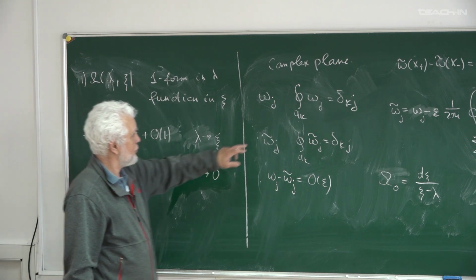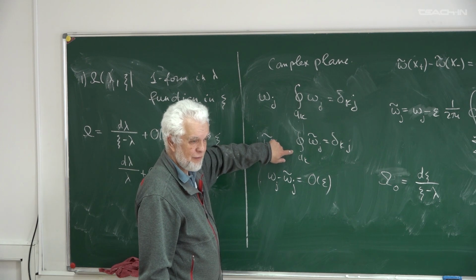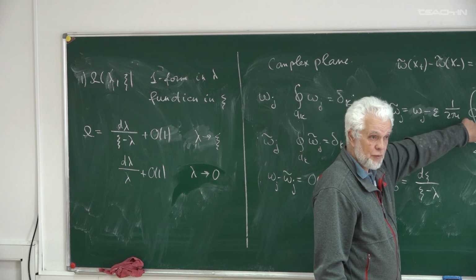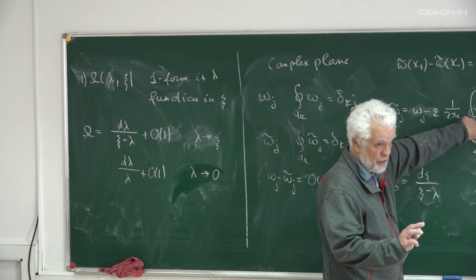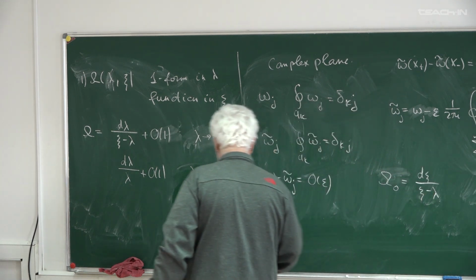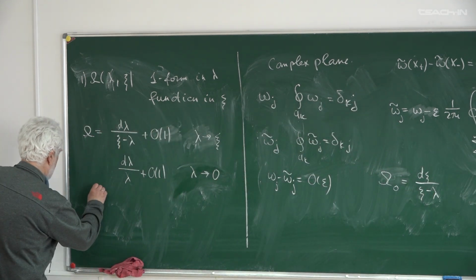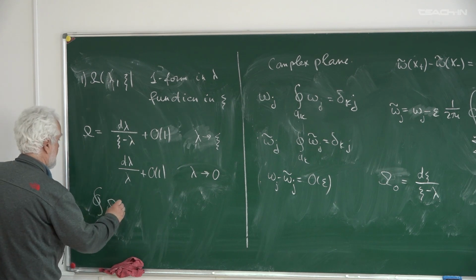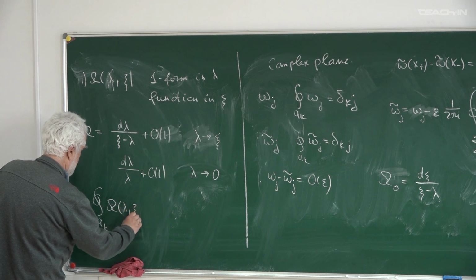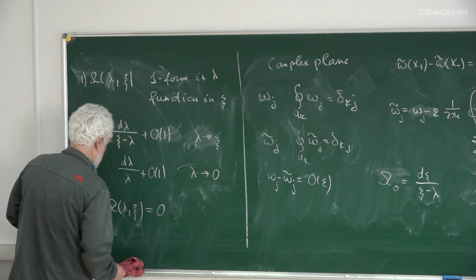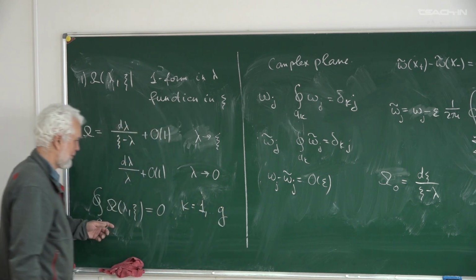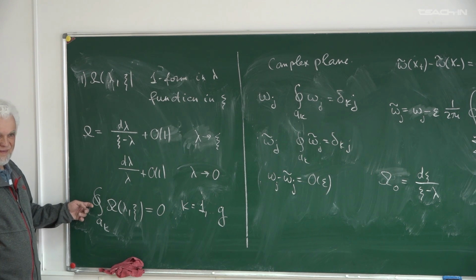And also we have this condition, you see. Therefore, these integrals of the object over a period should be 0. This doesn't change the integrals over a period. It means that omega, you understand?